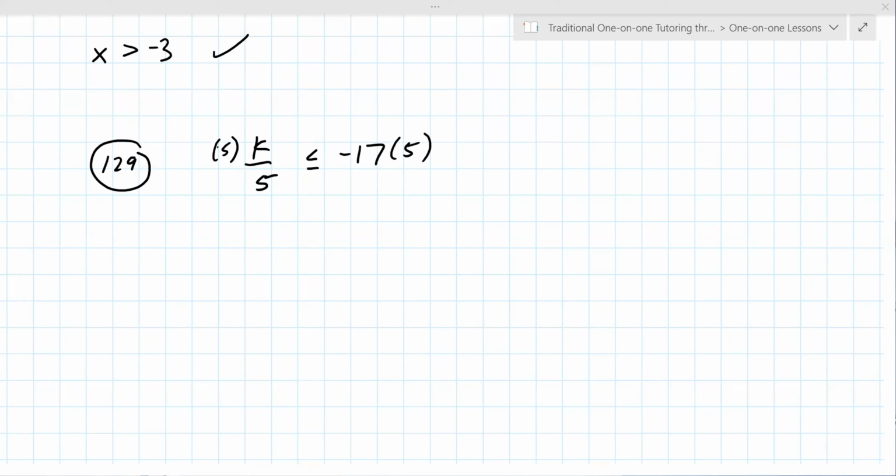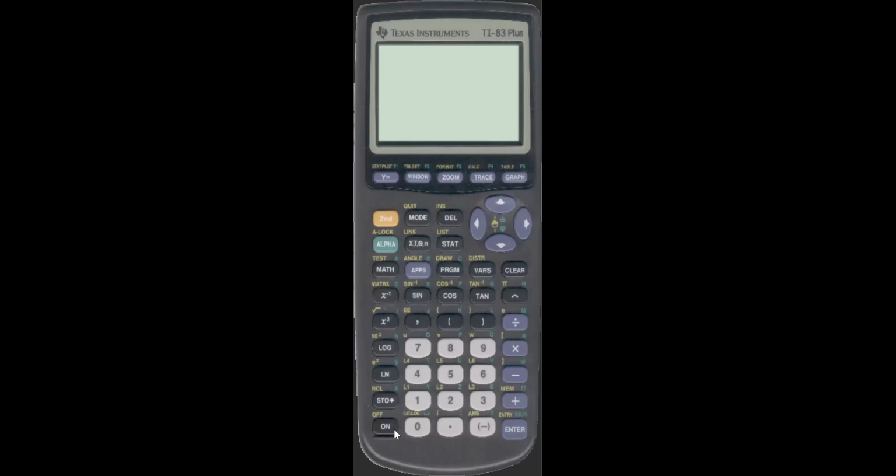-242. Okay, so I'm hearing a lot of numbers that are not correct. So let me go ahead and grab the calculator here again and show you on my screen. If you're seeing my screen, always clear that out if you need to. So it's -17. Now there's a couple of options here. You can do parentheses 5 like this.